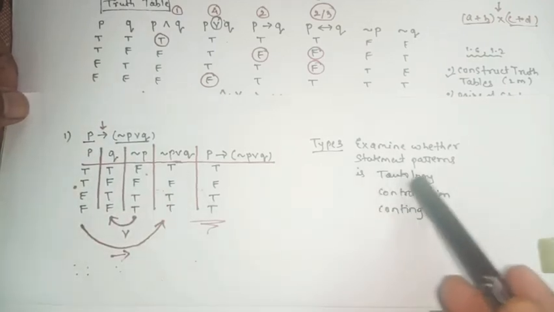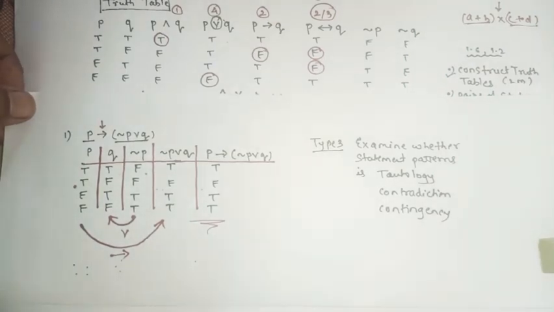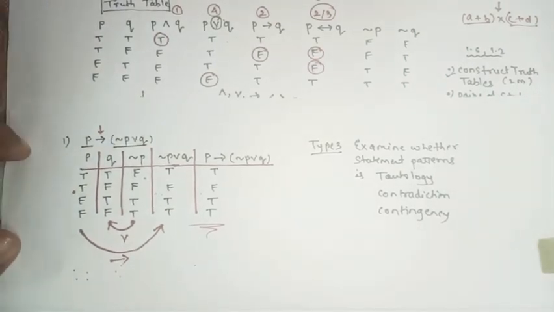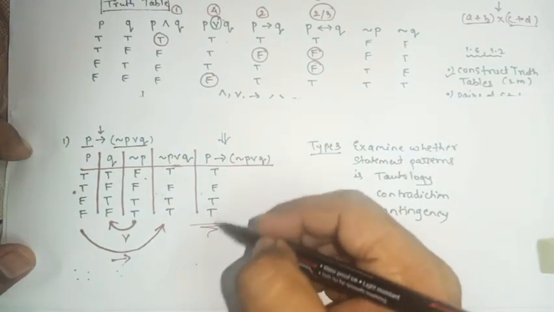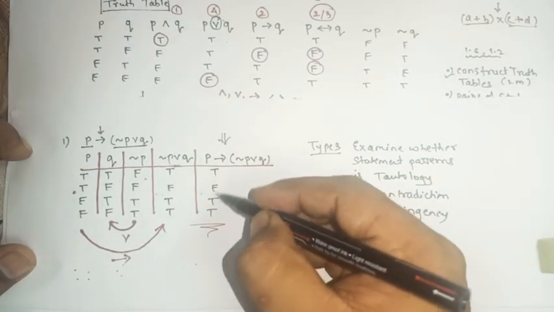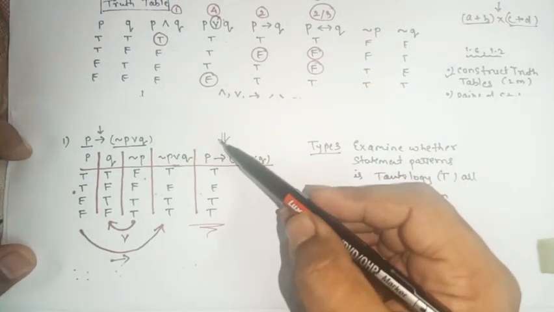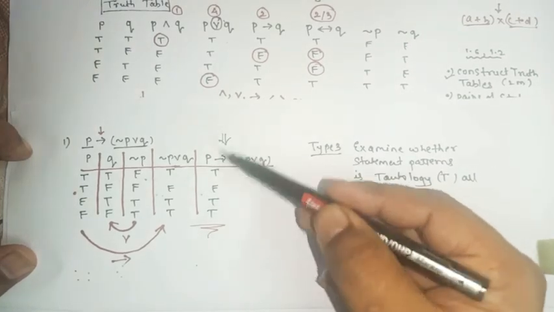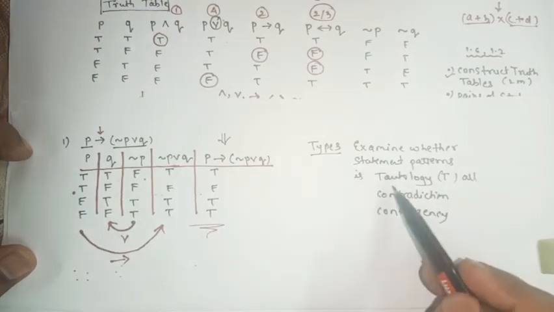So we'll see what we mean by tautology. It is a grammatical word, but here in this chapter, it means if the truth values in the last column are all true, that is, each and every row comes out true, then it is known as tautology.